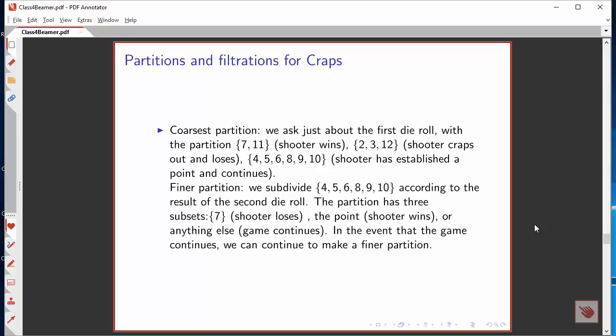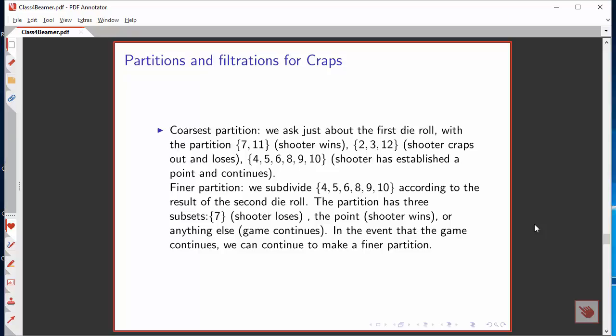Now we can subdivide this partition more finely. We subdivide the establishes a point according to what happens on the second die roll, and there are three different things that can happen. The shooter could roll a total of 7, in which case the shooter loses and the game's over, or the shooter could roll again the same point.